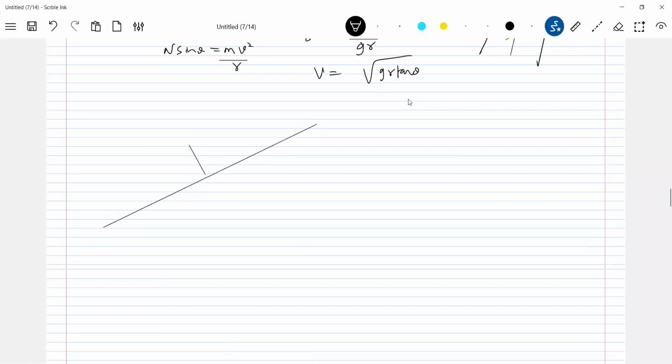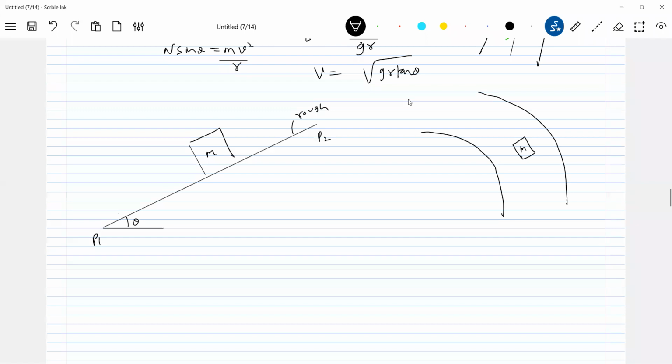So this is the car. This is rough. This is theta. This is point P1, this is P2. This is a track. These are the wheels. This is the vehicle.